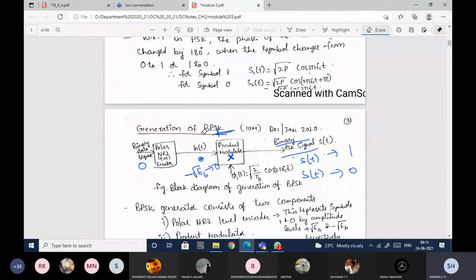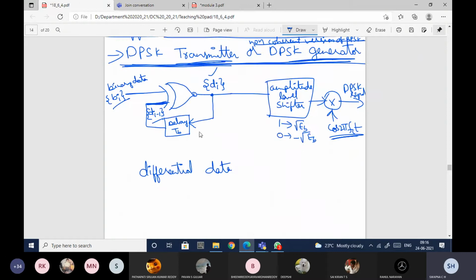If you observe here, we are directly taking bits. If I have a 0, that will be encoded as either 0 or 1, and then that is given to the product modulator. It is multiplied with root 2 by Tb cos 2 pi fct, and it gives me the binary PSK signal. But here in DPSK, we are employing the differential encoding scheme.